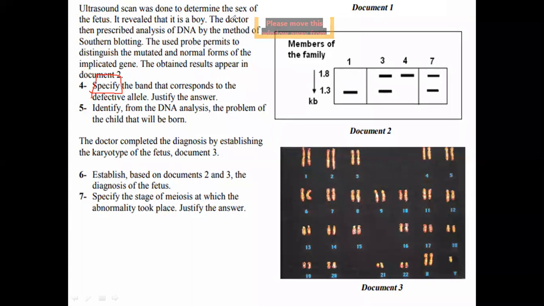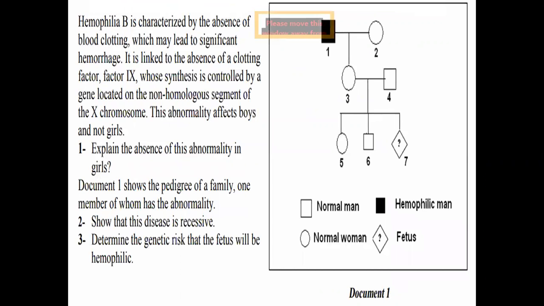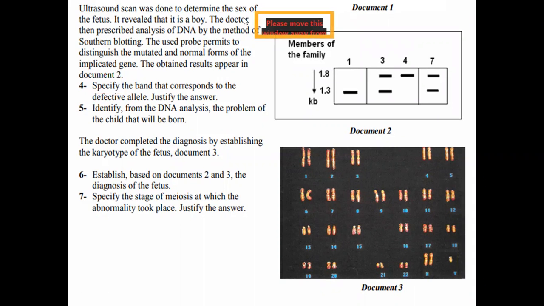First of all, in order to specify the band that corresponds to the defective allele, I have to look at which individual is affected. Individual 1 is affected. Individual 1 is a male, so it has XY. How many alleles will it carry? The normal or the affected allele will be expressed on the X, so it should carry only one allele.